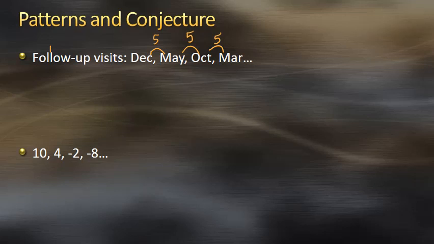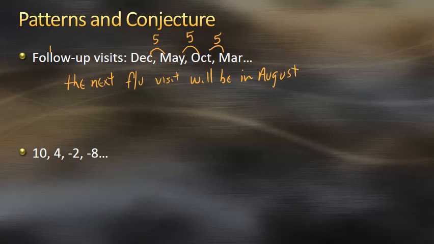Our conjecture is based upon each follow-up visit being 5 months from the preceding one. So the next follow-up visit will be in August. All right, that's looking at a pattern and making a conjecture.